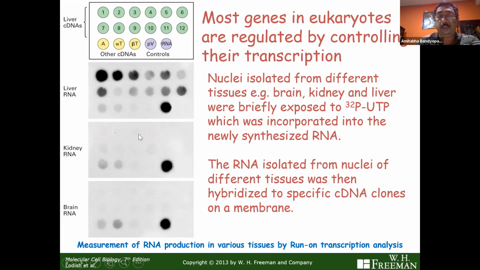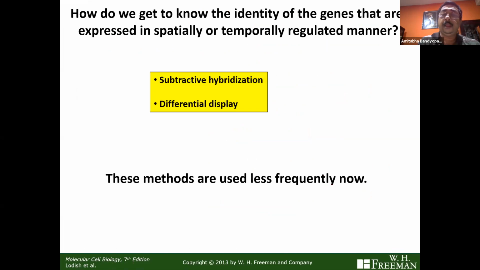But if you take the nucleus from kidney or brain, those will not light up, while some of these in the lower panel will always light up, because those are the housekeeping genes like tRNA or beta tubulin, alpha tubulin, etc. So that was the old-fashioned way of doing it.